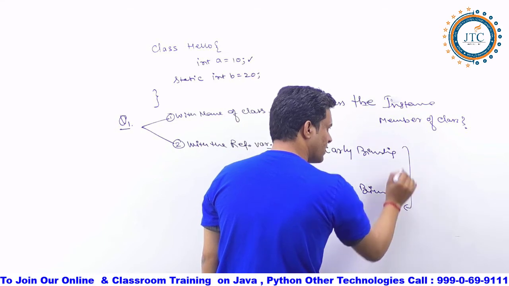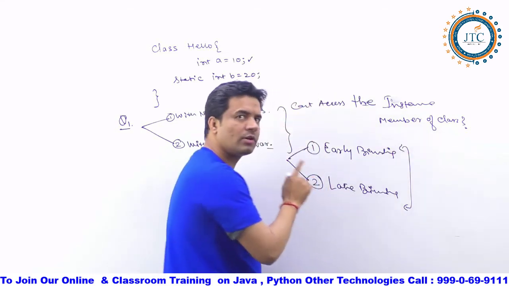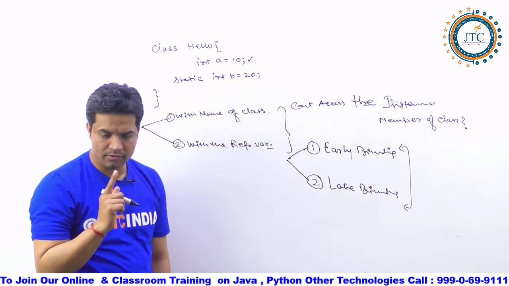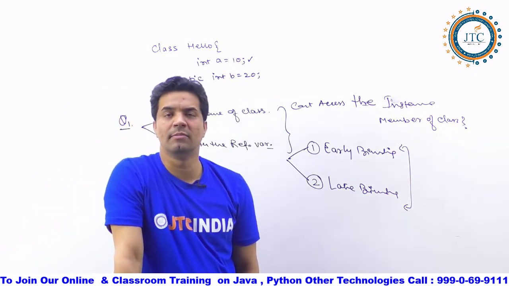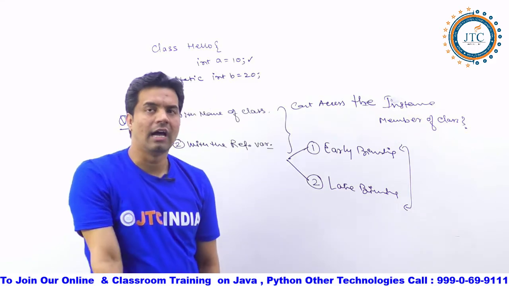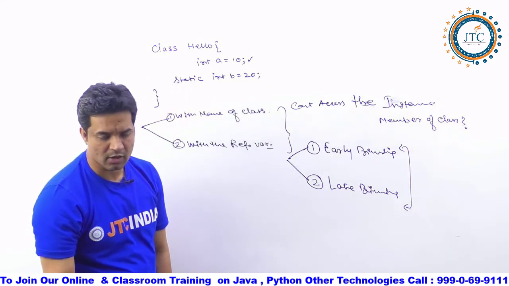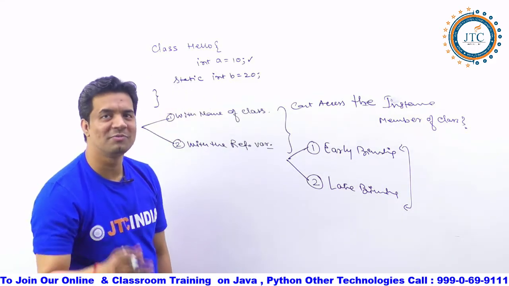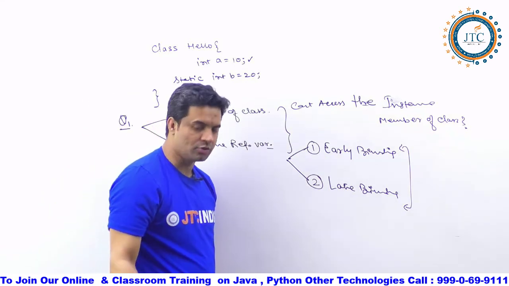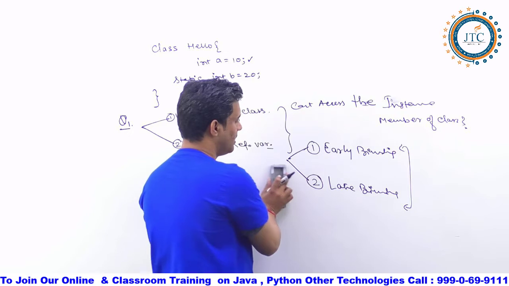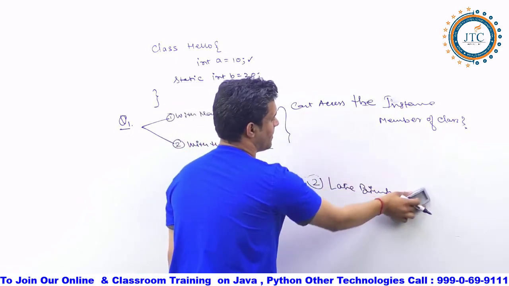These two are very important concepts. This is homework for you: what is early binding and what is late binding? I'll be coming to it again later on and I'll explain it also. Meanwhile, you should do some self-study for this, so we will discuss all that again.